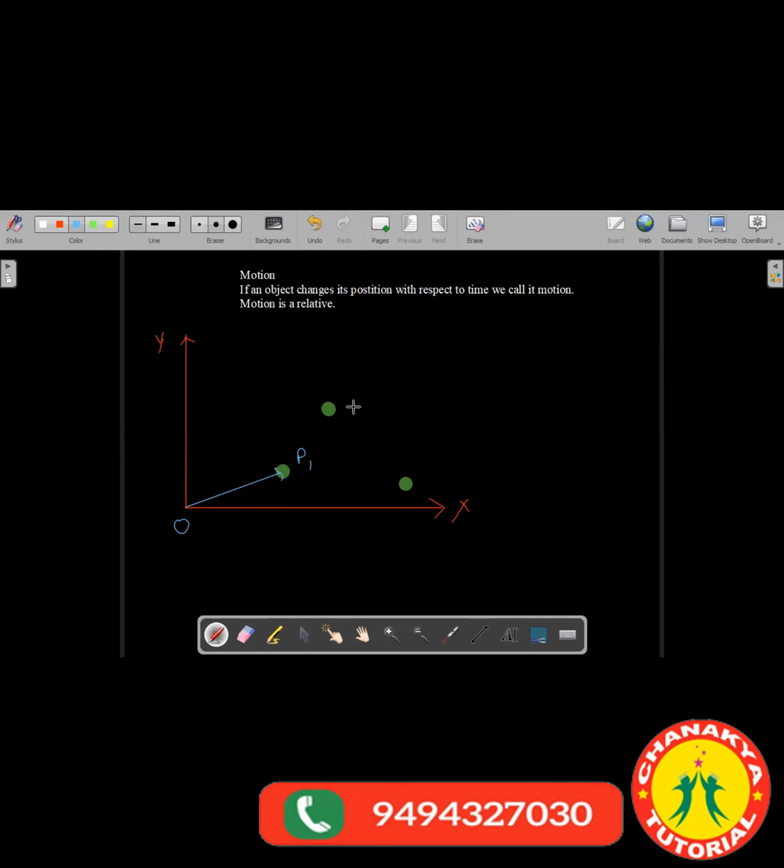Then if the object moves to position P2, its position will be represented by the new position vector OP2. In this way, wherever the object is, its position can be represented by a position vector.